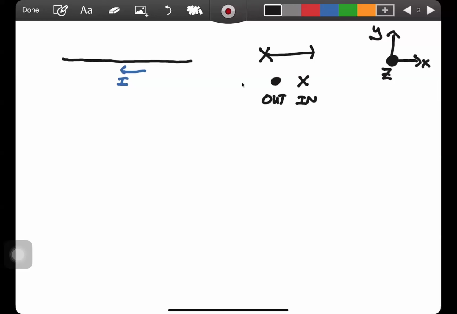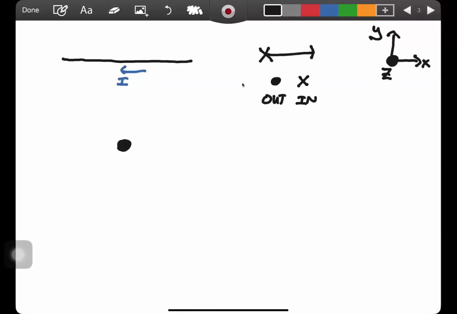If we were looking straight down the wire and the current was coming towards us, it would be a dot. It would be coming out of the screen. And so imagine you took your thumb and you put your thumb in the direction the charge was moving, which is to say your thumb would be pointing up. It would be pointing out of the screen.